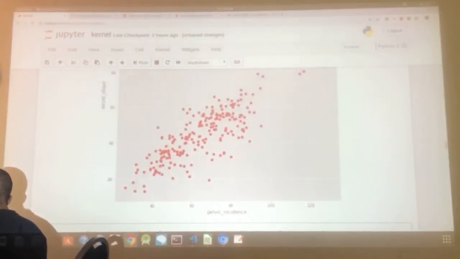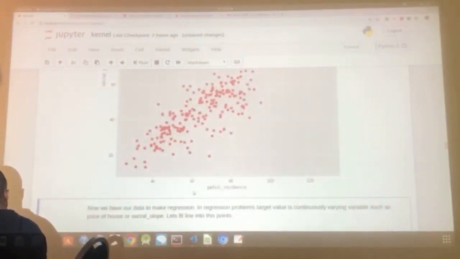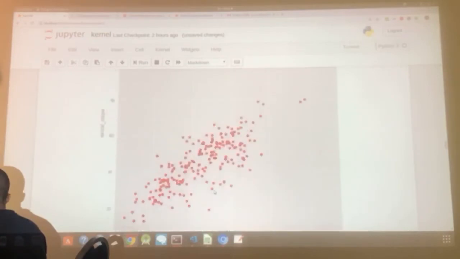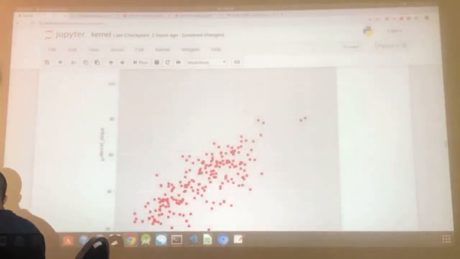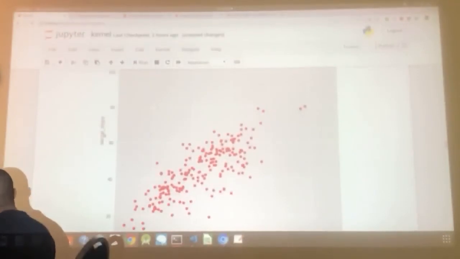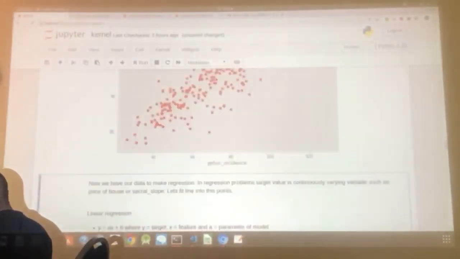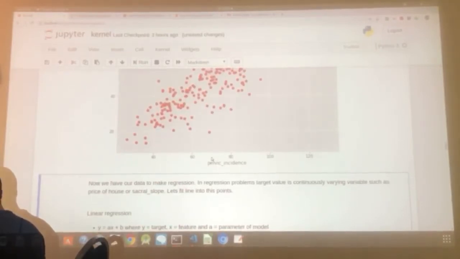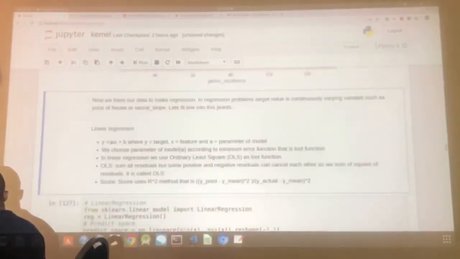You can clearly see that there's a relationship between pelvic incidence and sacral slope. So if I wanted to build a simple model, instead of making it complex, I can measure your sacral slope and your pelvic incidence, and have a level of confidence to say whether you are normal or abnormal, right? Just using y equals ax plus b.